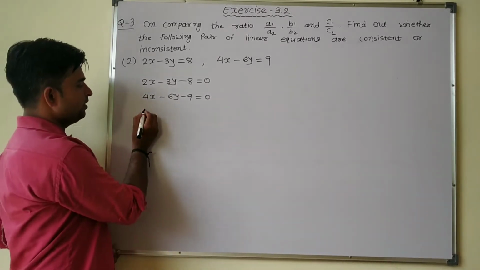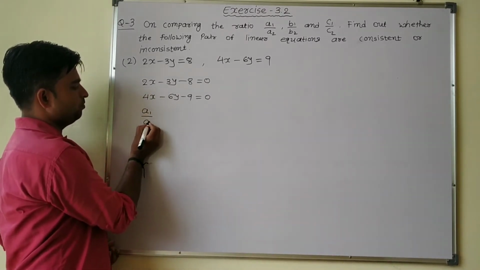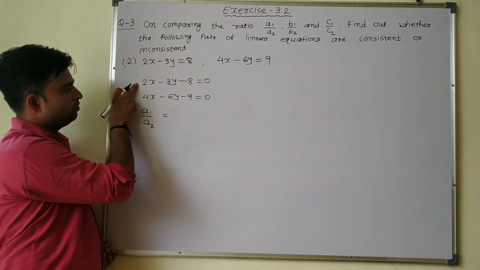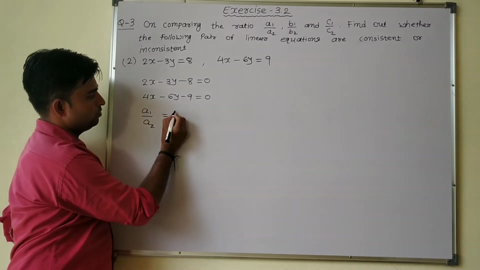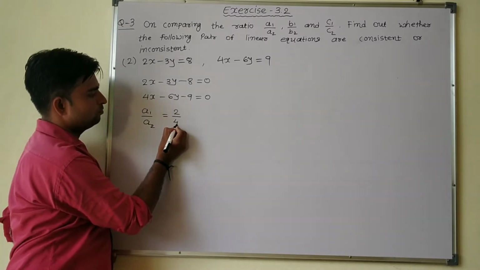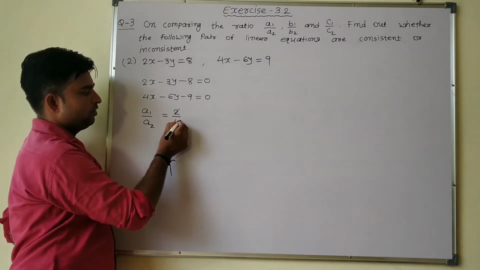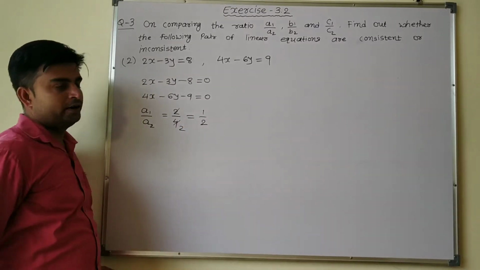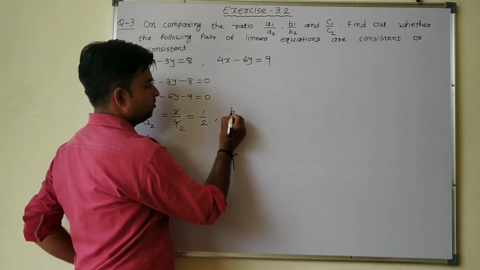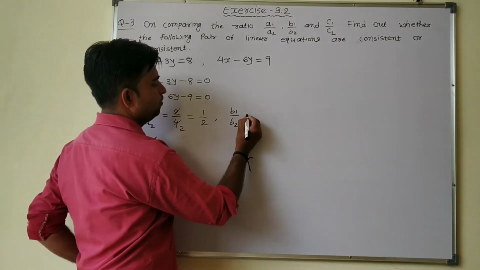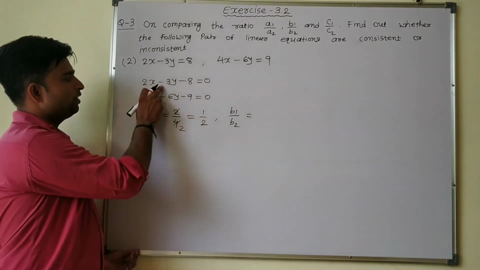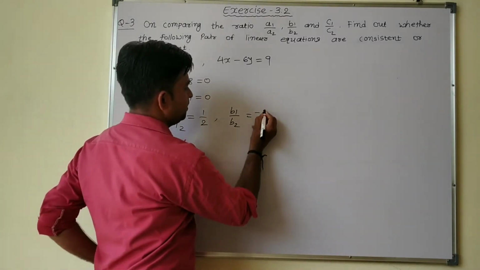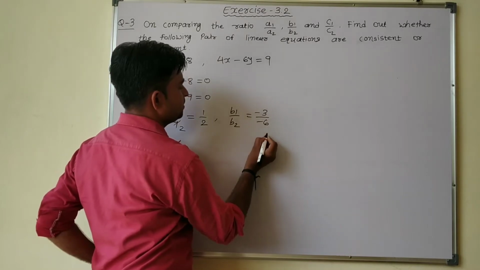Now we have to find the ratios. First A1 upon A2. From here A1 is 2 and A2 is 4, so 2 upon 4. Now the factor is 2, so it becomes 1 upon 2. Now we find the second ratio, B1 upon B2. From here B1 is minus 3 and B2 is minus 6, so minus 3 upon minus 6.